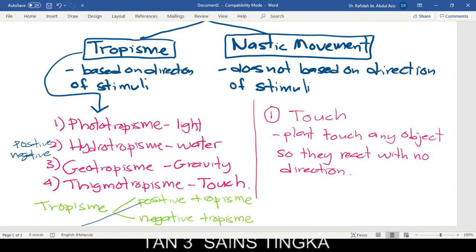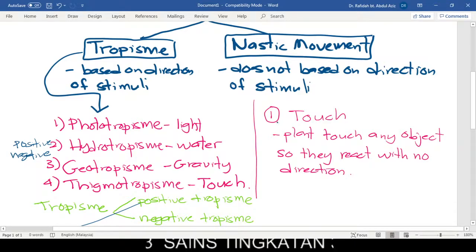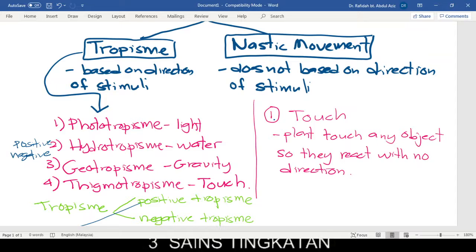So how about Nastic movement? Nastic movement is the response toward a stimulus such as touch, but does not depend on the direction of the stimuli. What are other stimuli that can cause Nastic movement? And why is Nastic movement not a type of tropism?